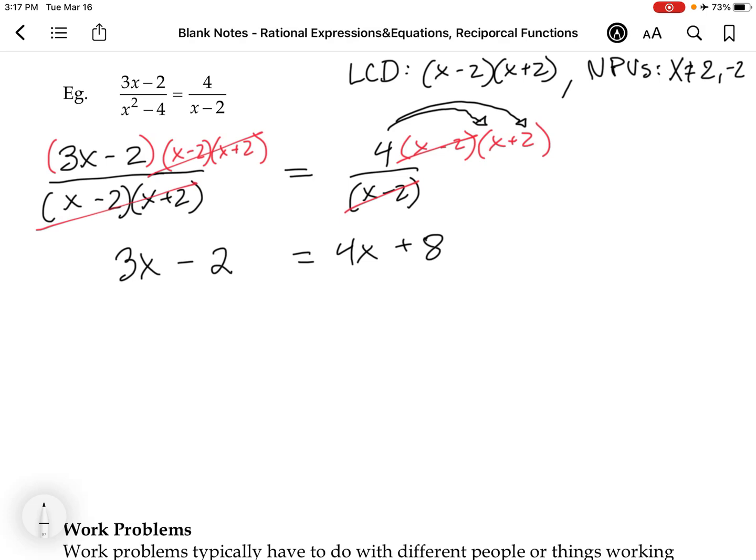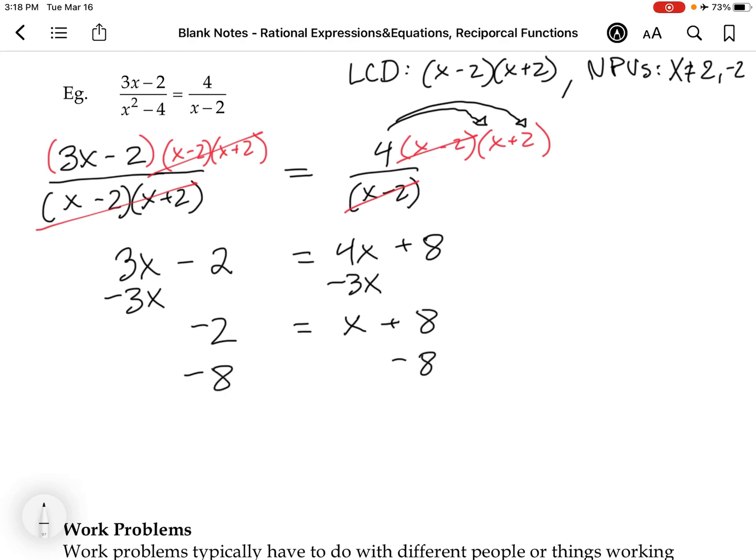Okay. All right, so now to solve for x, I've got to bring the x's to one side and the numbers to the other because this is a linear equation. So I will subtract 3x from both sides, and I'll get -2 equals x plus 8.